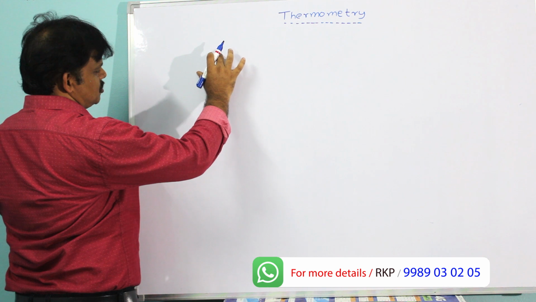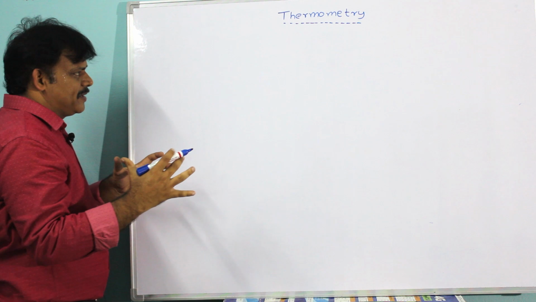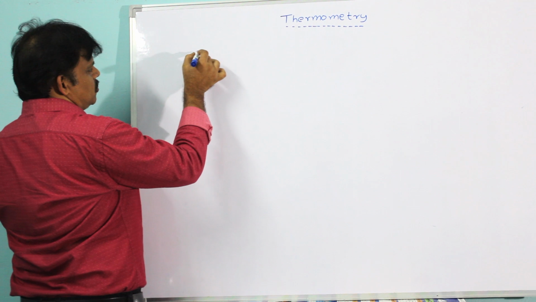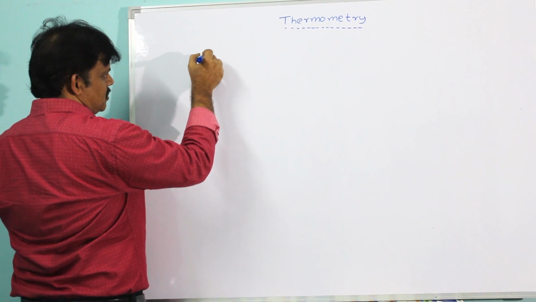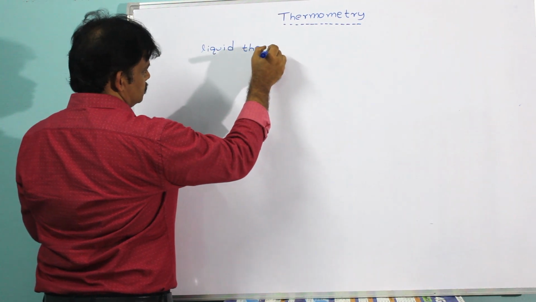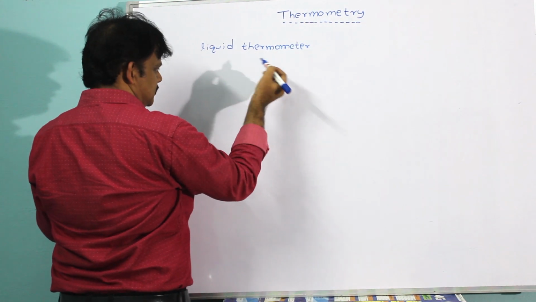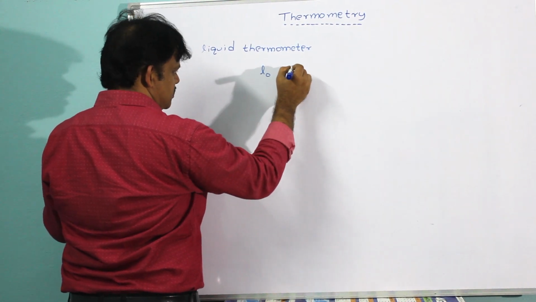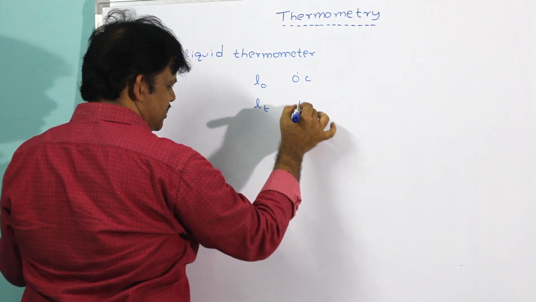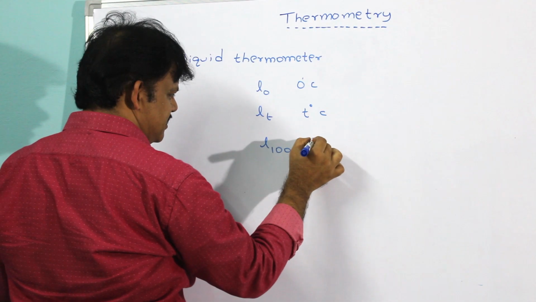If any thermometric property changes with temperature, that is the main principle of a thermometer. So, for liquid thermometers, let L naught be its length at 0 degree Celsius, LT the length of the mercury or alcohol column at T degree Celsius, and L100 its length at 100 degree Celsius.